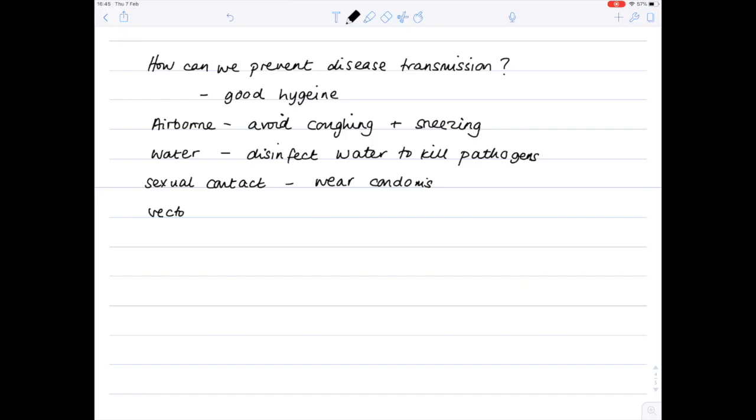And lastly, if you're trying to prevent a disease which is spread by a vector such as mosquito, clearly you want to kill the vector, or you want to drain its water supplies where the vector reproduces, or you want to cover your beds with nets to stop the mosquitoes biting you.